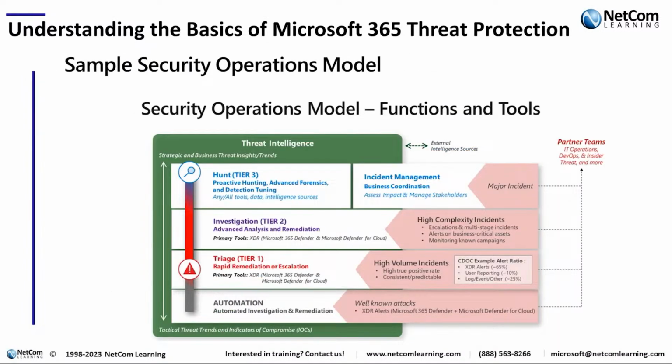So here's an example of a standard security operations model. When we're looking at security, we have to understand that the amount of data that we're working on and going to be using is very, very large, right? If you think about how much data we're going through and collecting on a daily basis.